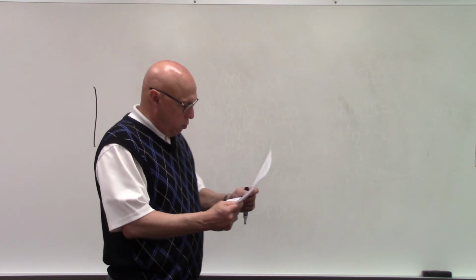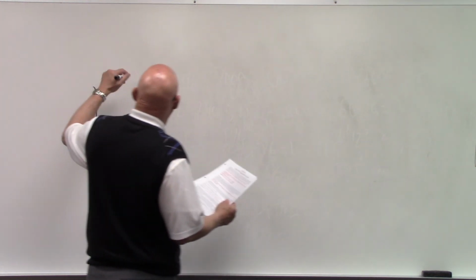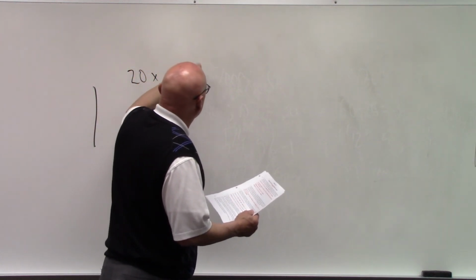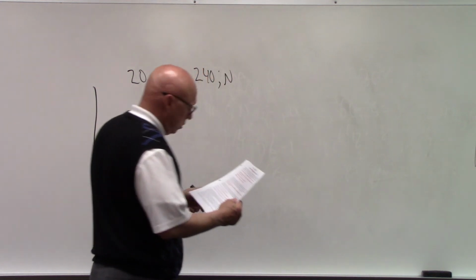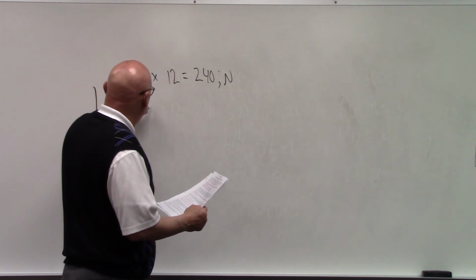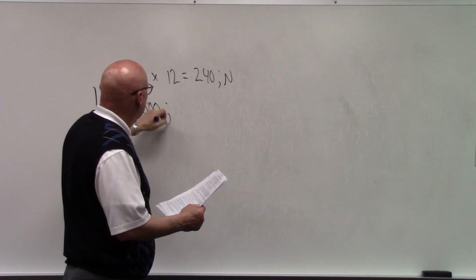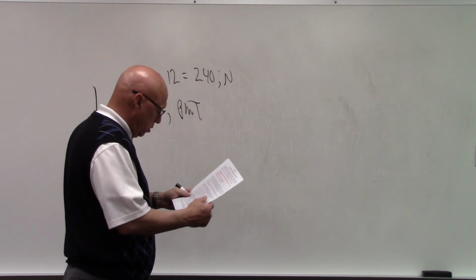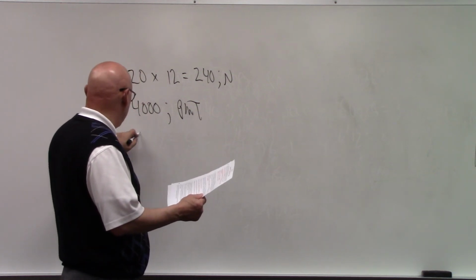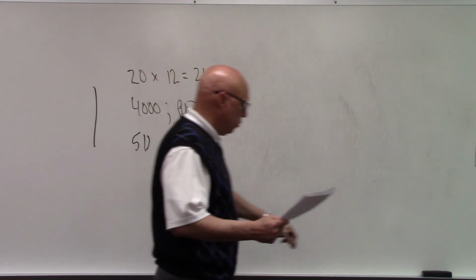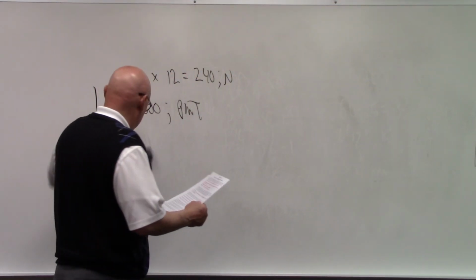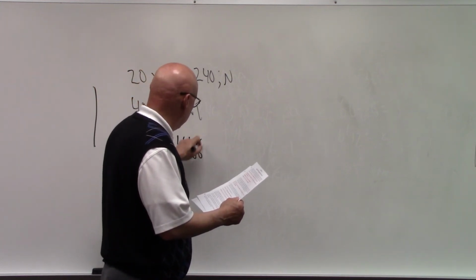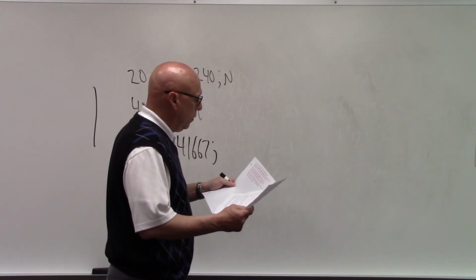All right, so you've got 20 years times 12 payments per year, 240 is your N. 4,000 is your payment, and 5%, 5 divided by 12 equals 0.41667 is your I/Y.